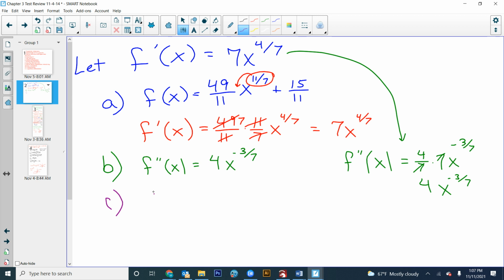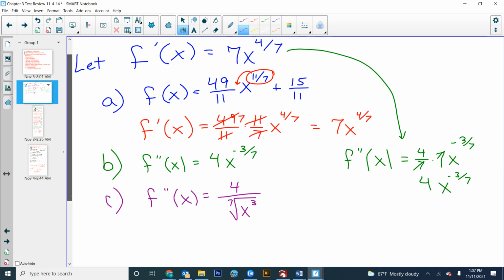F double prime of x equals 4 divided by the 7th root of x to the 3rd. Okay. What's another way I could write the 7th root of x to the 3rd?